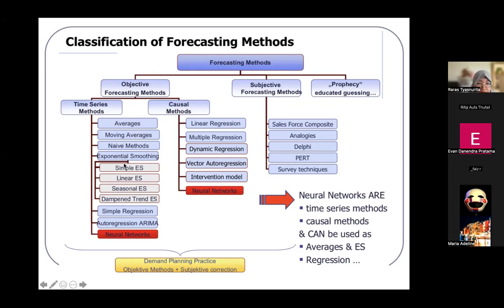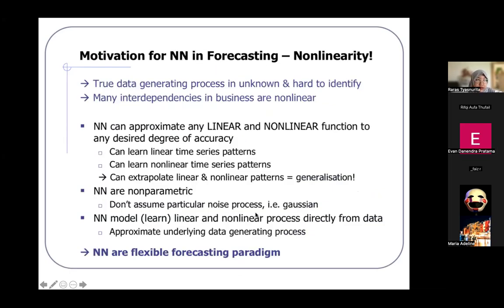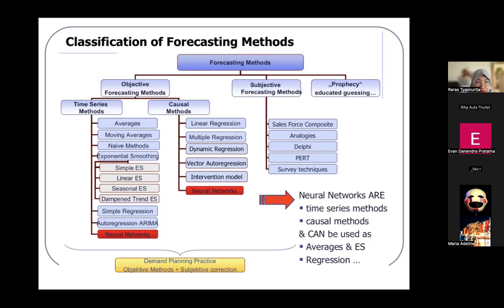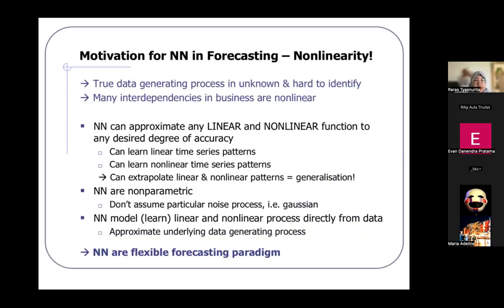Right, so we have neural networks. A neural network can be used in both the time series and the causal methods. They say the advantage of the neural network is that it can approximate both linear and non-linear patterns.